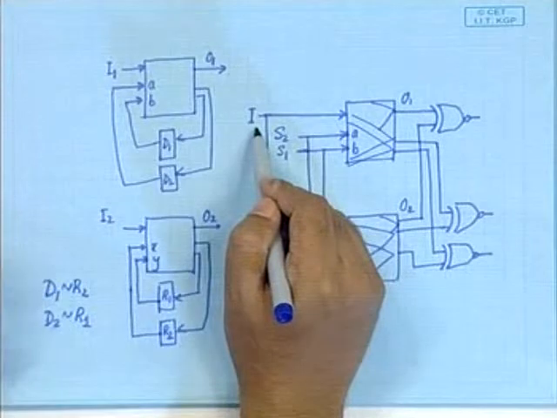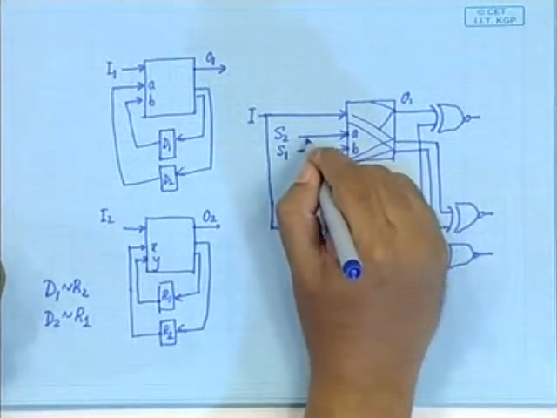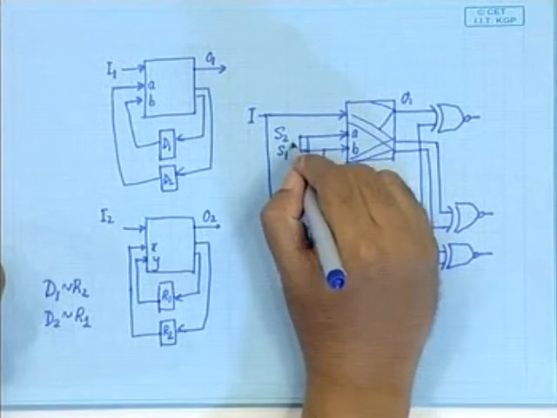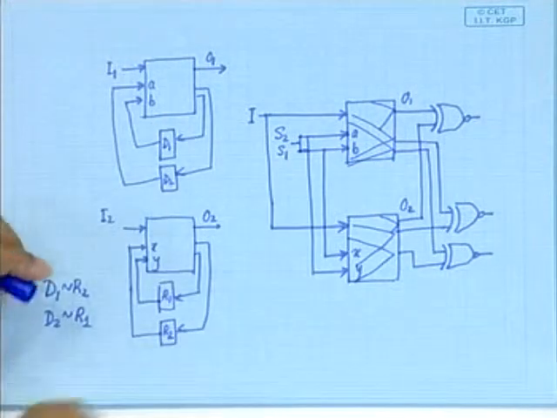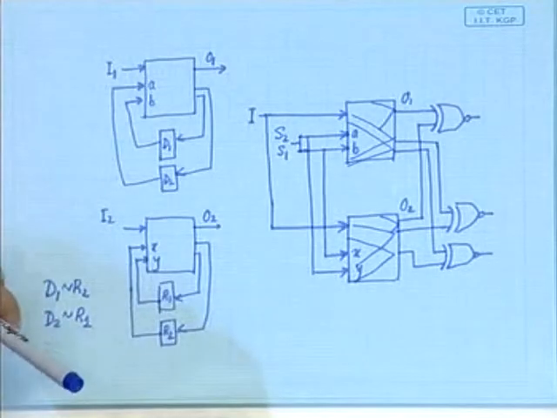So in the first iteration what is happening? For the next state function, the primary inputs are the same, and the state bits are all the same because these two are tied up in the first iteration. We see whether the next state functions are identical or not.